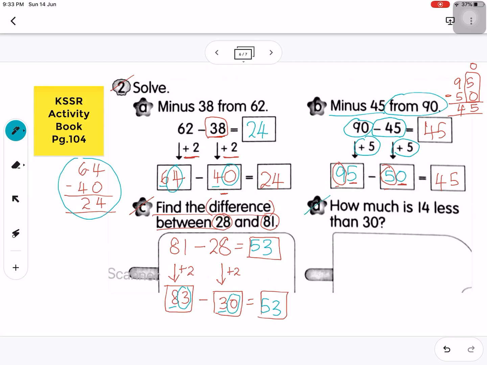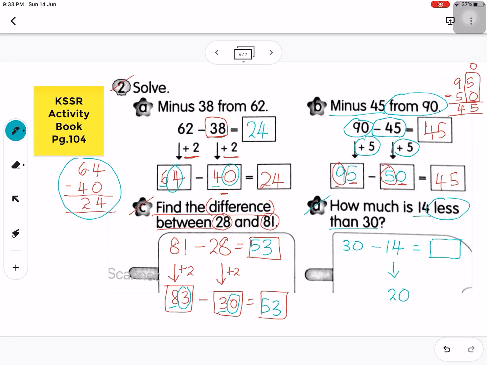The last one. How much is 14 less than 30? That means it's 30 minus 14 equals to how many? The same thing, we use the change the number in the middle to the biggest whole number strategy. 14, how many more can I get to 20?